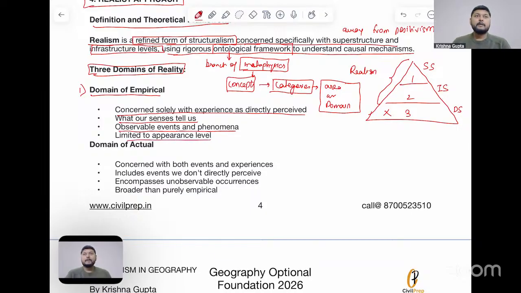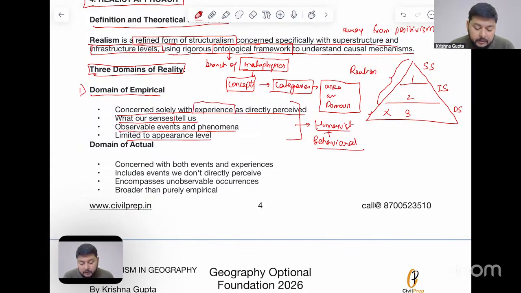Here we can say it is very much similar and interrelated to the humanist and behavioral approaches, where we are talking about personal experiences, the senses, and observable events and phenomena.